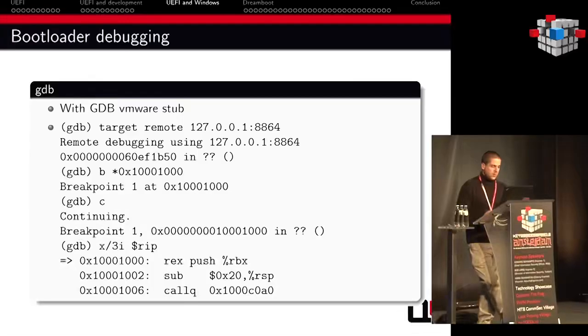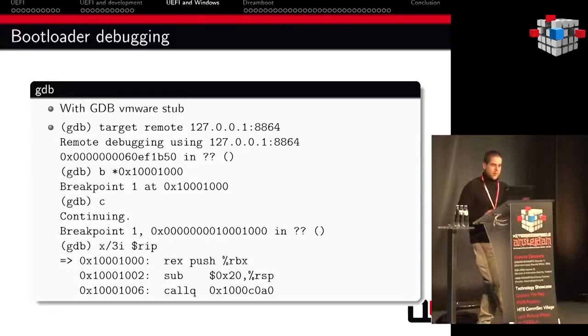So if we take the first bootloader, bootmgfw, it's easy to break in it using the GDB stub. The binary is always loaded at the same address, so it's quite easy to put a breakpoint.